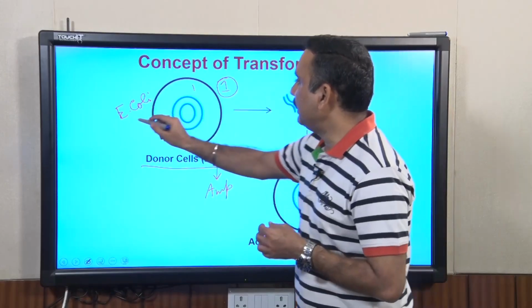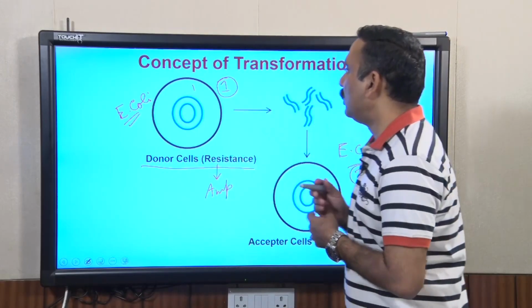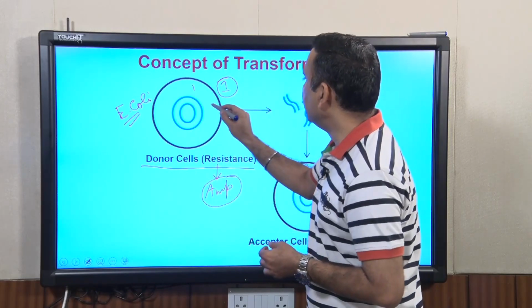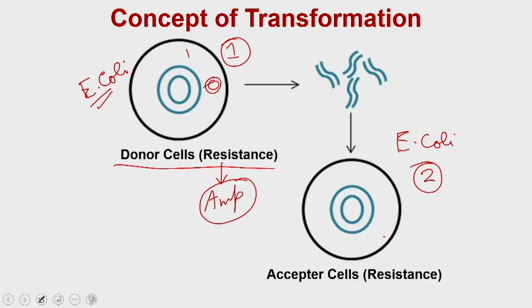So, you can imagine that you have two bacteria, one is E. coli which is resistant to ampicillin, and this ampicillin resistance could be because it has a plasmid which has the ampicillin resistance gene. So, what will happen is this plasmid is going to be thrown into the environment, and then it is going to be taken up by the acceptor cell, although the mechanism is not known, but that is how.